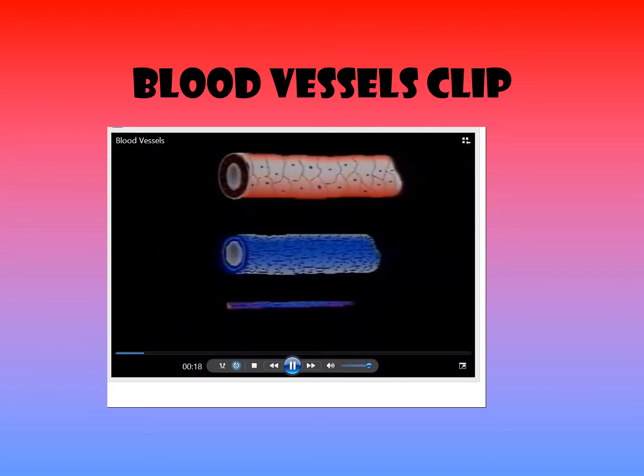There are 3 types of blood vessels: arteries, veins, and capillaries. Arteries are large blood vessels that carry the blood away from the heart. Arteries divide into smaller and smaller vessels until they are so small they can only be seen through a microscope. These vessels are called capillaries.